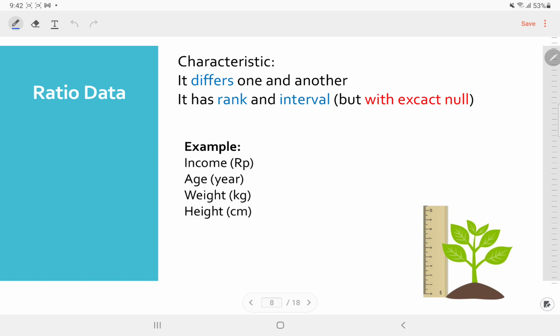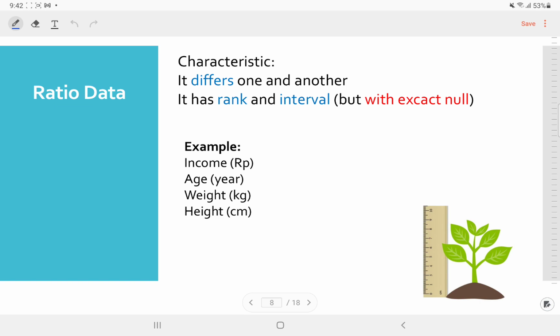For example, income in rupiah, age, if we measure it in years, weight in kilograms or grams, height in centimeters, or you can also have other units of measurement like decimeters or maybe kilometers. That will be fine.